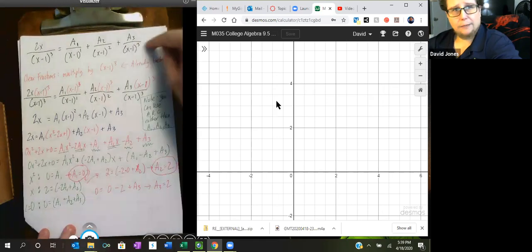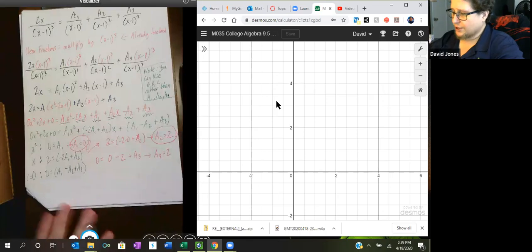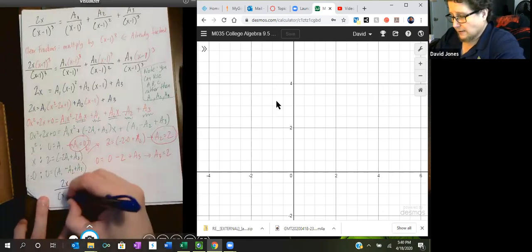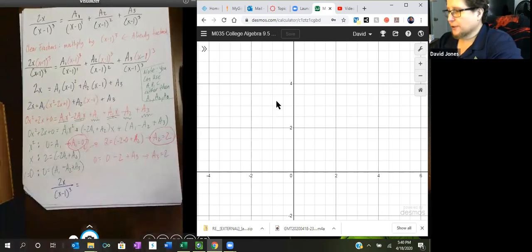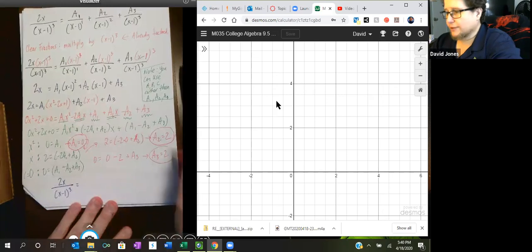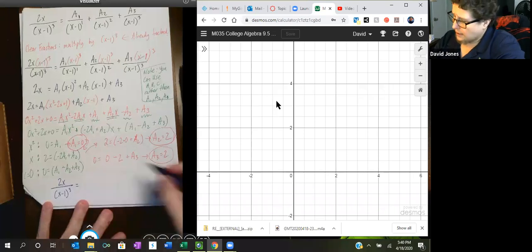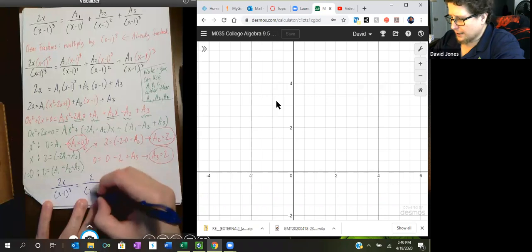And now we're going to plug it back into our decomposition up here. What does 2x over x minus 1 cubed turn into? The a1 term goes away. a1 was 0, so we don't need the first one. a2 was 2, so I have 2 over x minus 1 squared.